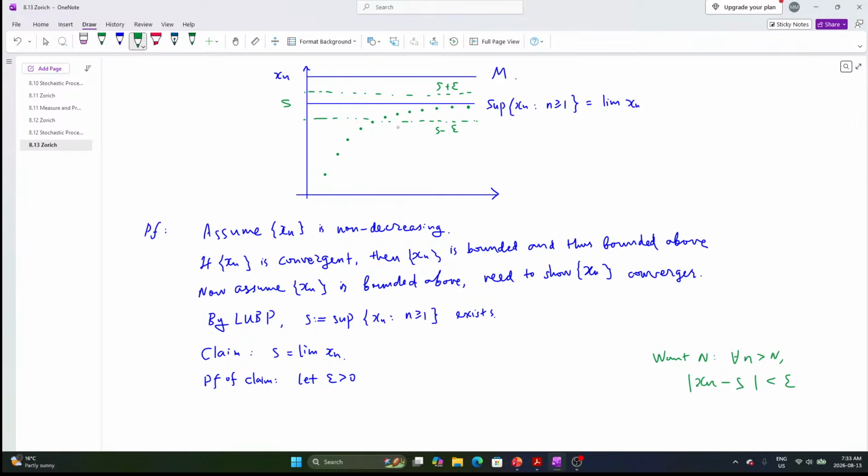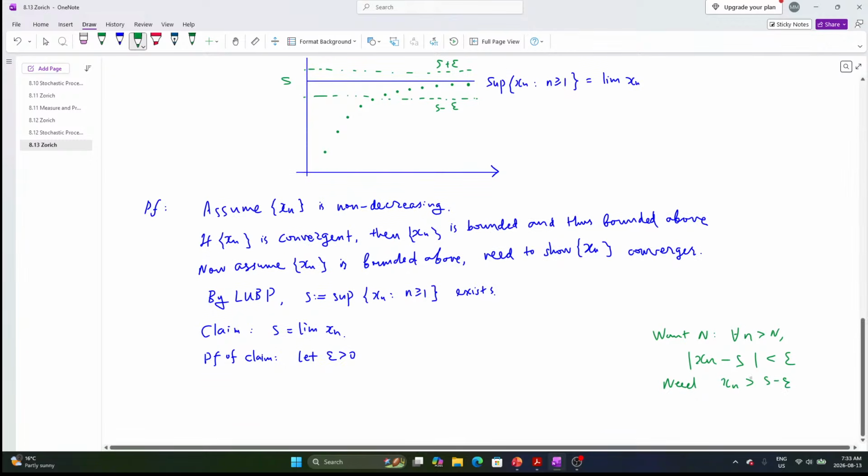So that means we only want a big N so that when little n is greater than big N, xn is greater than S minus epsilon. That's all we care about, because of the monotonicity. Oh no, actually not monotonicity, but the boundedness. It's due to the boundedness. But this is obvious because S minus epsilon is not an upper bound.